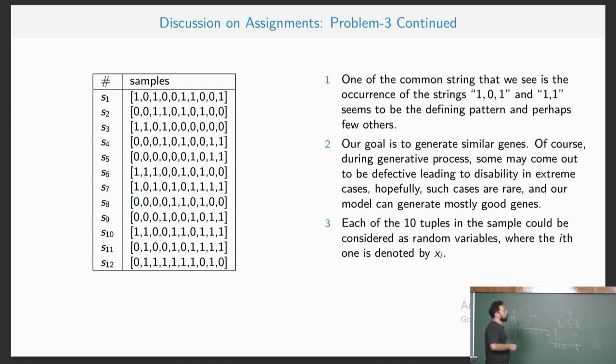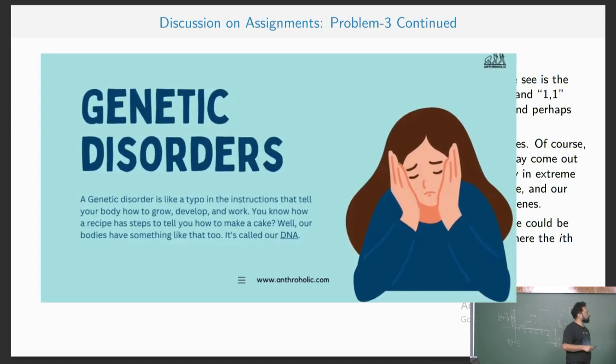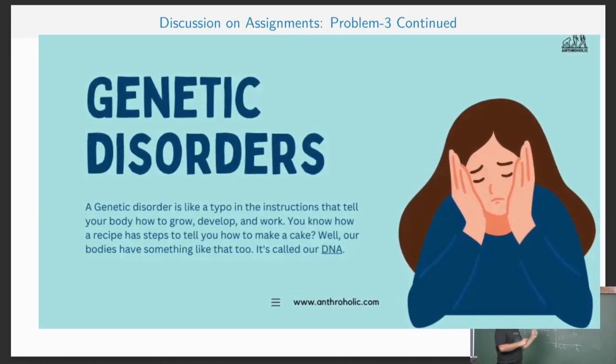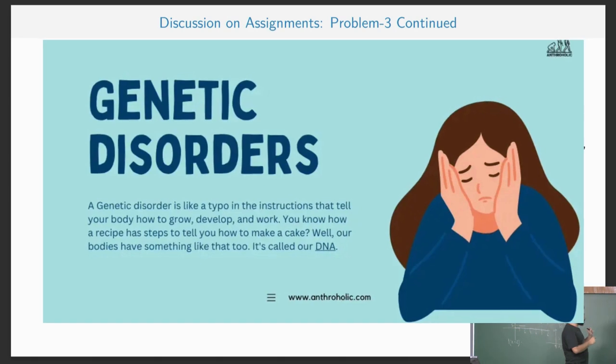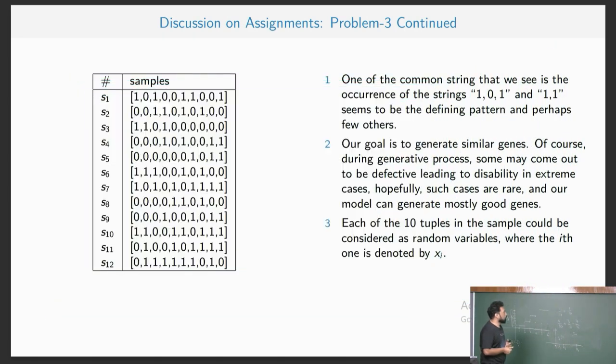There is some possibility, hopefully very rare, but we do see disabilities due to defective genes. At the end of the day, nature is also doing a generative process, trying to minimize that as far as possible, but there is no guarantee. There is no zero probability that no one will be born with a disability.